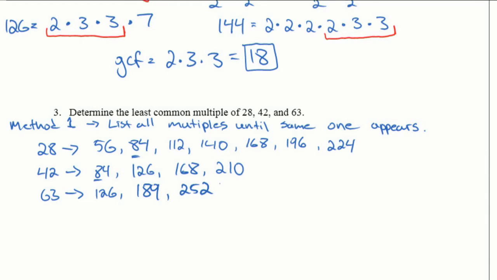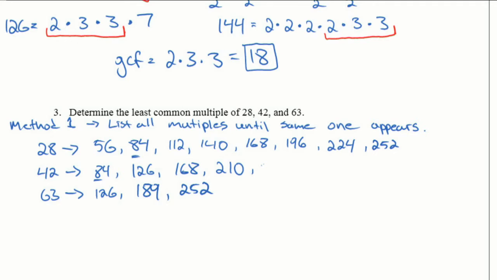So maybe I'm going to go back to my 28 and my 42 and see if I go a little bit higher what I end up with. So 224. The next one, if I add another 28 on there, I get 252. How about this one?